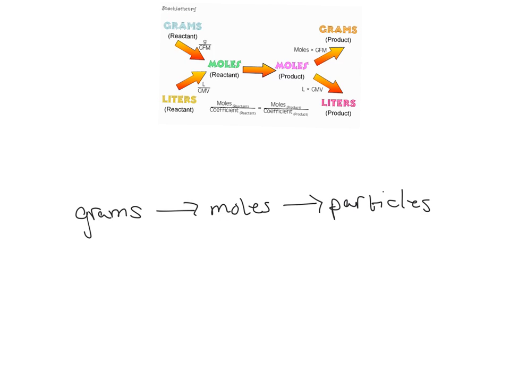If your known unit from the problem is grams, I need to convert to moles. How do I do that? You can think of it like this: if I told you I had 144 cookies and I want to know how many dozens that is, what do I need to know about dozens in order to make that conversion?